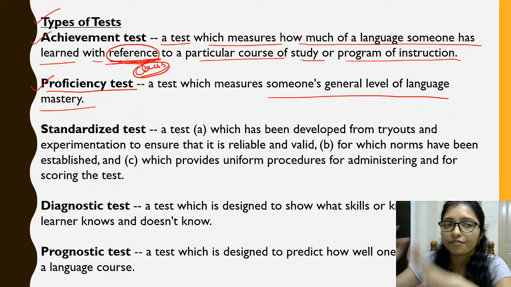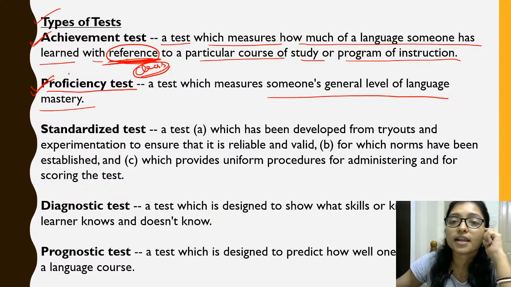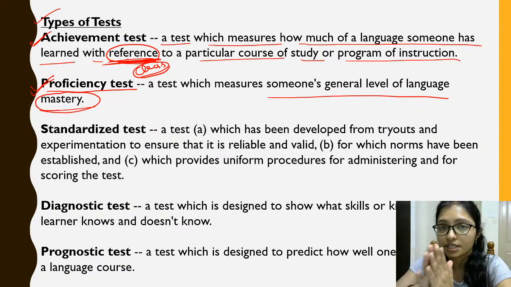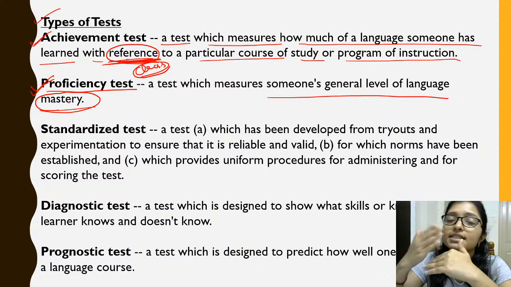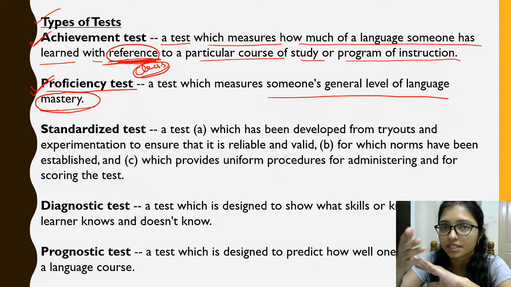In the achievement test there is some reference, but in the proficiency test there is no reference. They are judging only how much knowledge you have. Here it is bothered about the mastery. Mastery means how much knowledge you have. If you have the knowledge, means you have cleared the proficiency test, right?